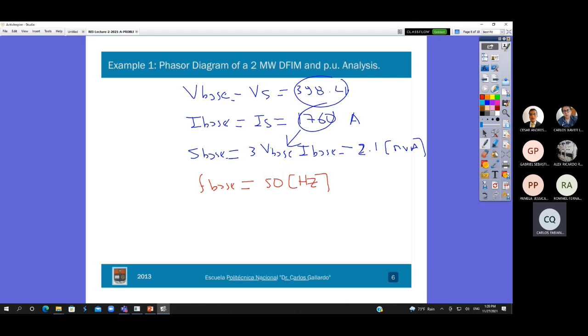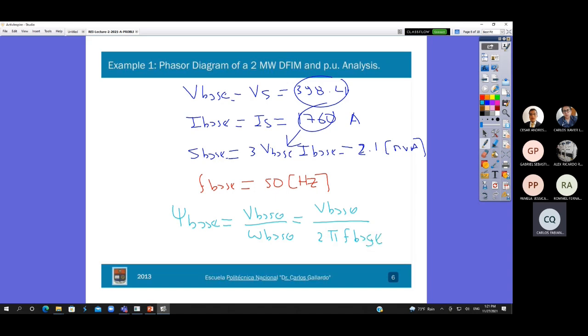So let's compute the other bases, for instance, the base flux. The base flux by definition is equal to the base voltage over the base speed. The speed is equal to 2 times pi times the base frequency.